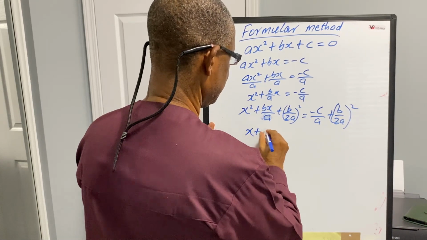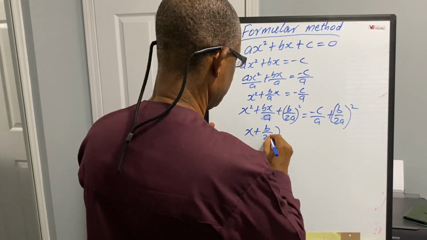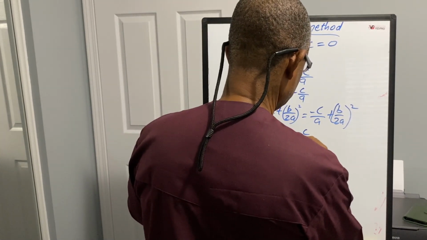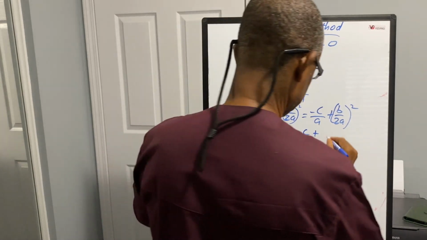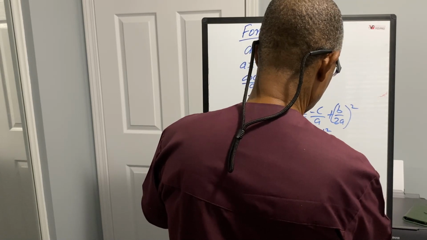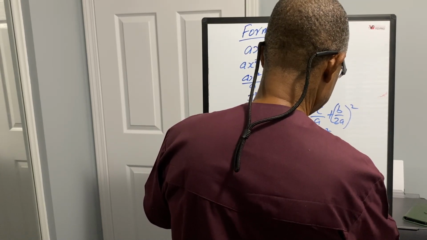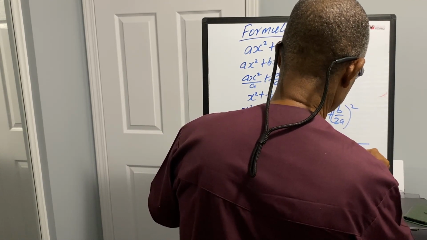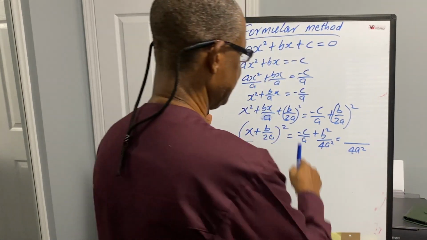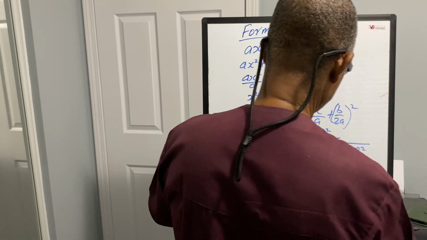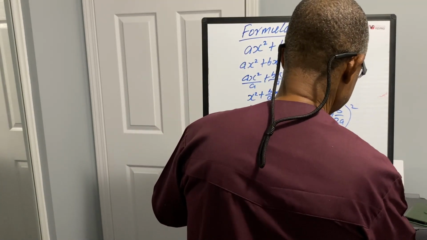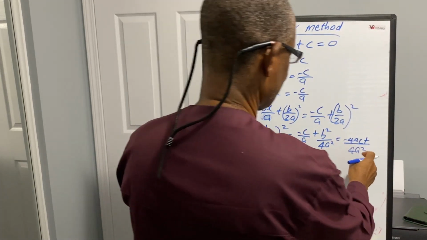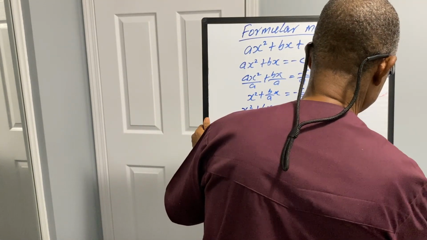(X plus b over 2a) all squared is equal to minus c over a plus b squared over 4a squared, which will give us LCM 4a squared. 4a squared divided by a will give us 4a times minus c is minus 4ac, plus 4a squared divided by 4a squared is 1. 1 times b squared is b squared.